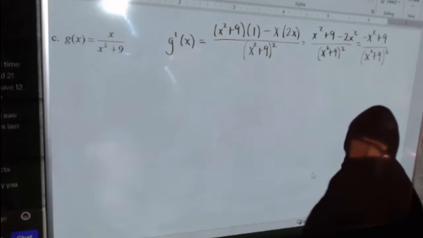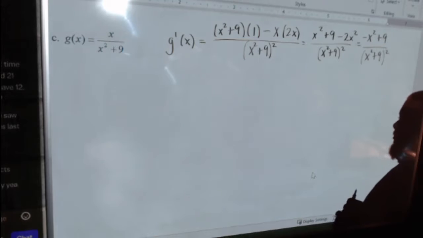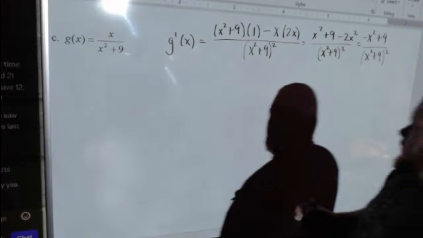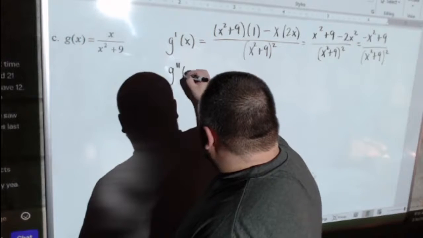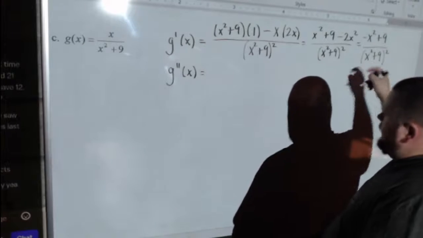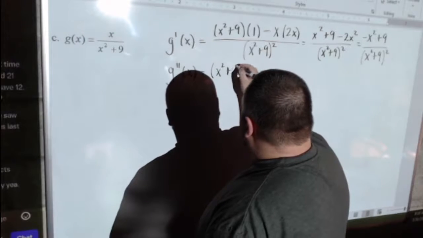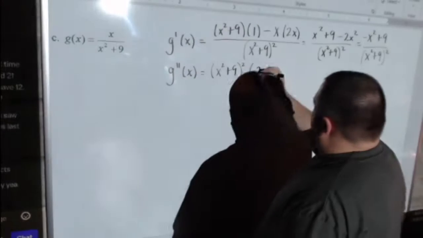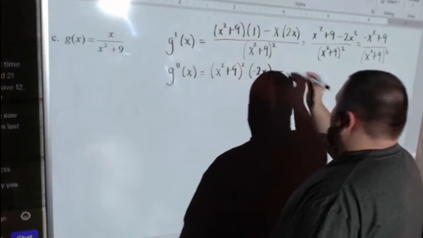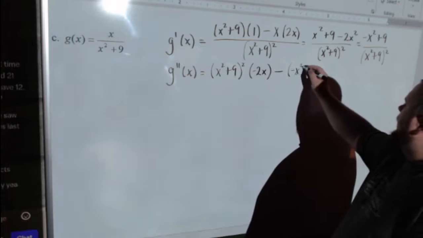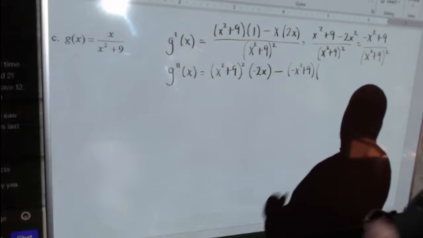Please do not try and simplify that any further. So let's do G double prime. I need low times derivative of high minus high times derivative of low.